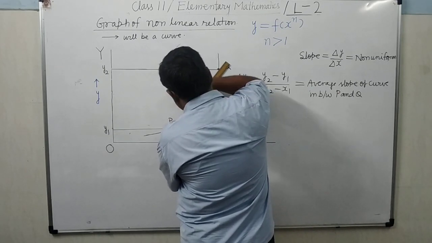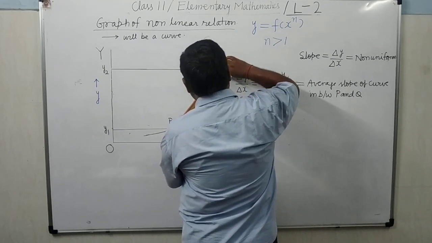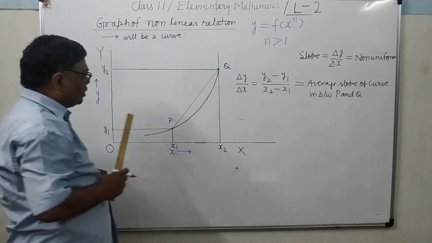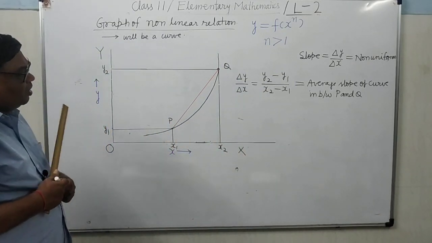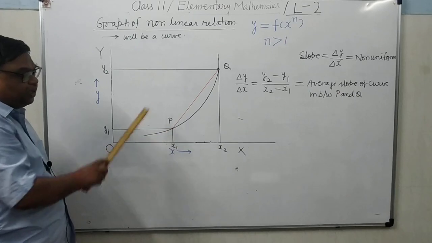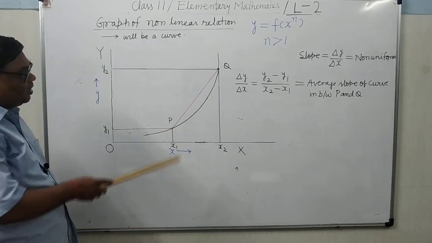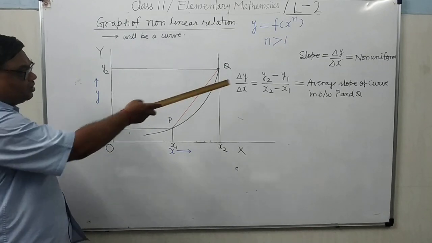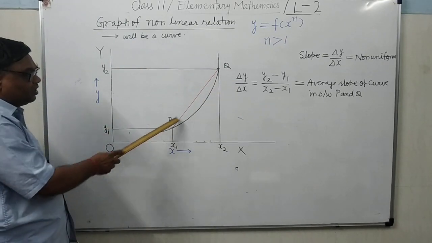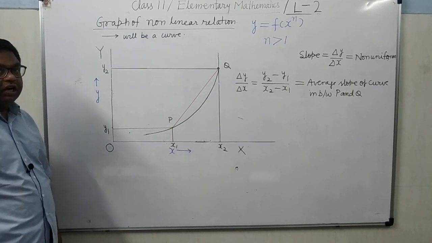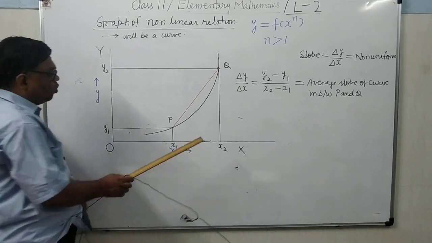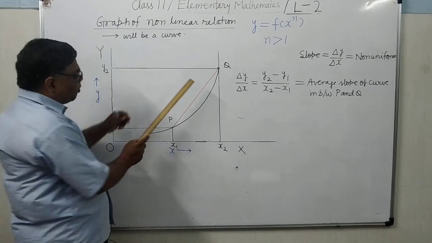Here you have joined P and Q. PQ is a straight line. It is the chord of the curve. So we can say that this delta y upon delta x is the slope of chord PQ.